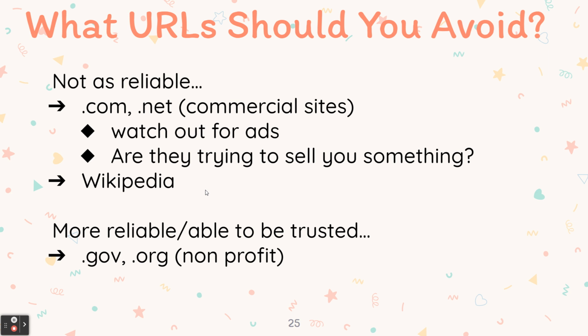But remember, if you find something in Wikipedia that looks good, at the bottom of their information you can go to the sources they used and go directly to the source of that information. So you could use Wikipedia to find a source in that way, but Wikipedia is not going to be one of your sources. More reliable and trusted URLs: .gov, .org. .edu is also one.